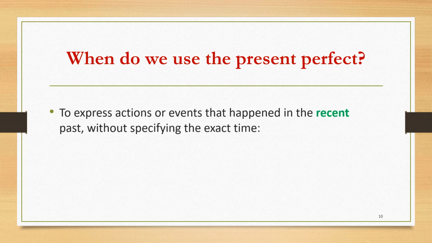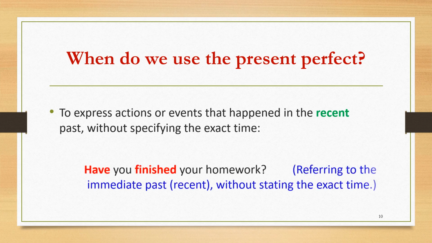We also use the present perfect to express actions or events that happened in the recent past, the close past, without specifying the exact timing. Example, have you finished your homework? This is an example with a question, so a teacher can ask a student, have you finished your homework?